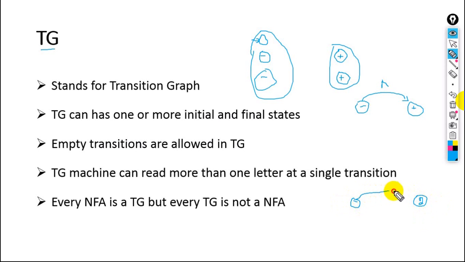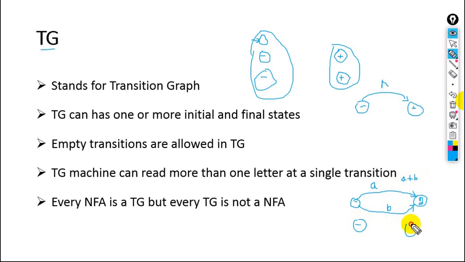In NFA there must be only one letter, either A or B. So for B I am drawing just like this. This is for A plus B. I have explained it in the previous lecture, you can review that. For the same A plus B, we can draw a TG like this.